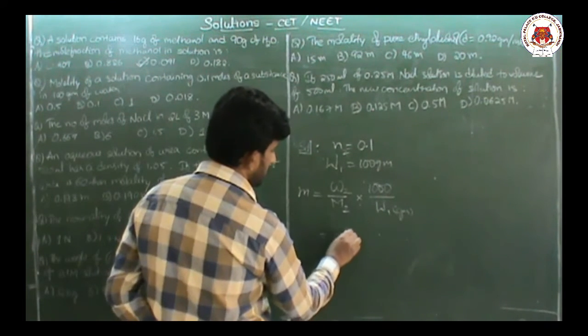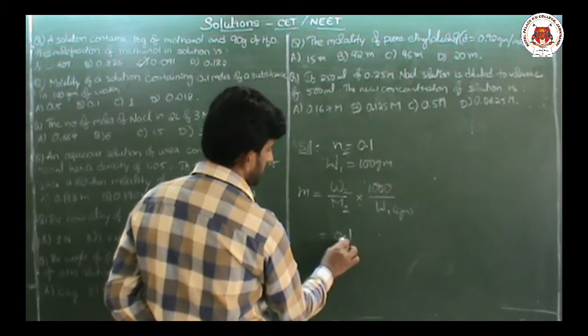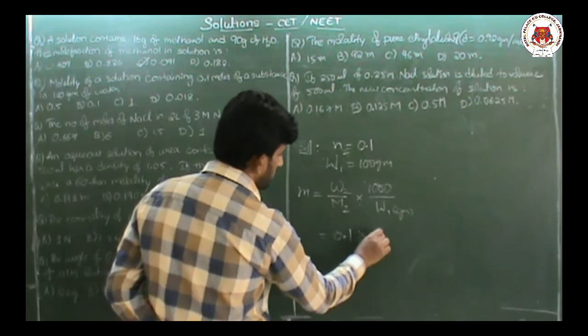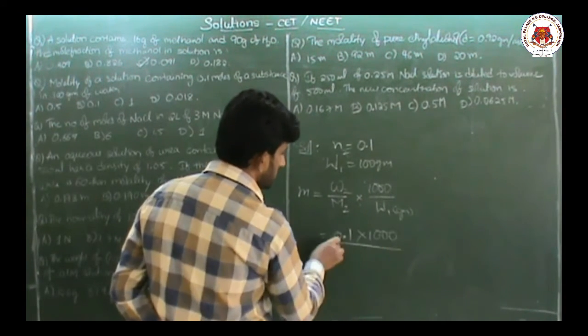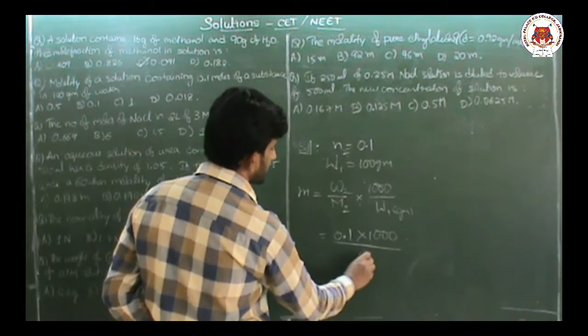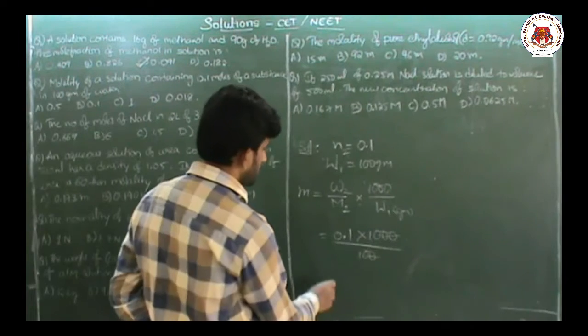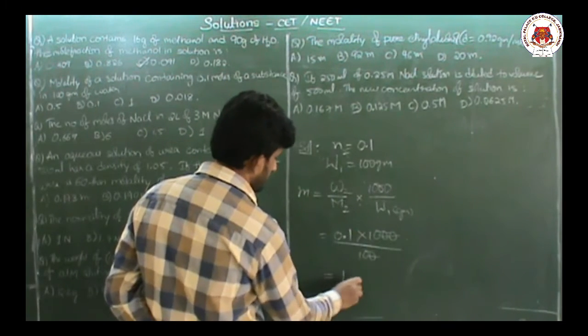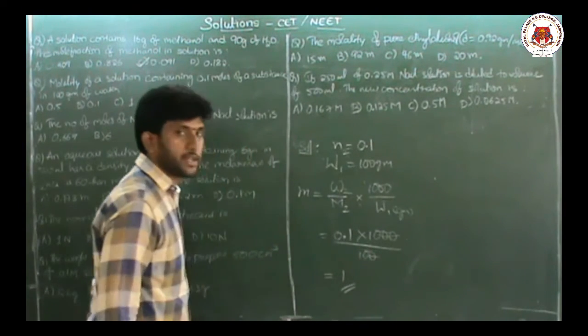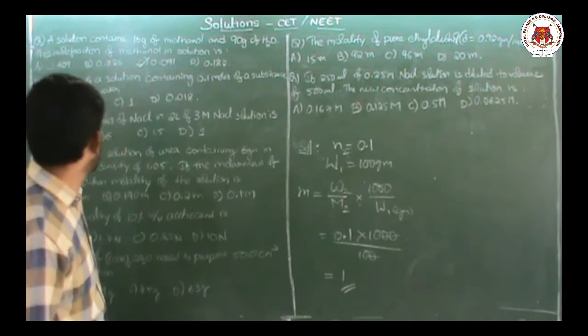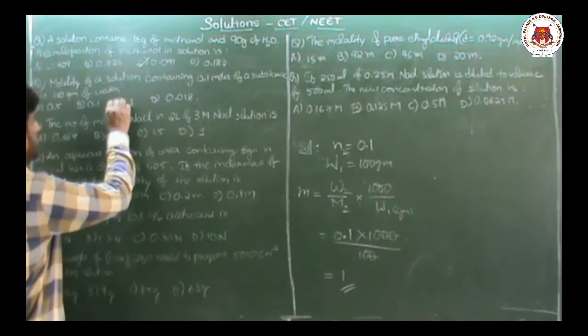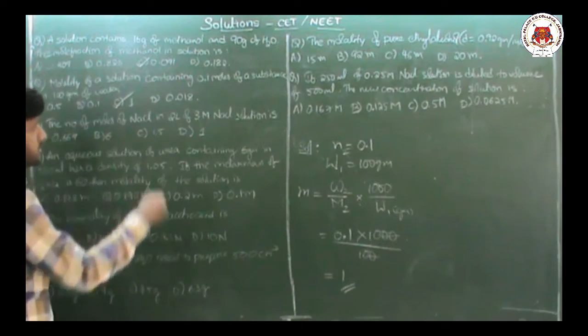So this is 0.1 into 1000 divided by weight of solvent, 100. So the answer is 0.1 into 10, 1 molal, which is option C.